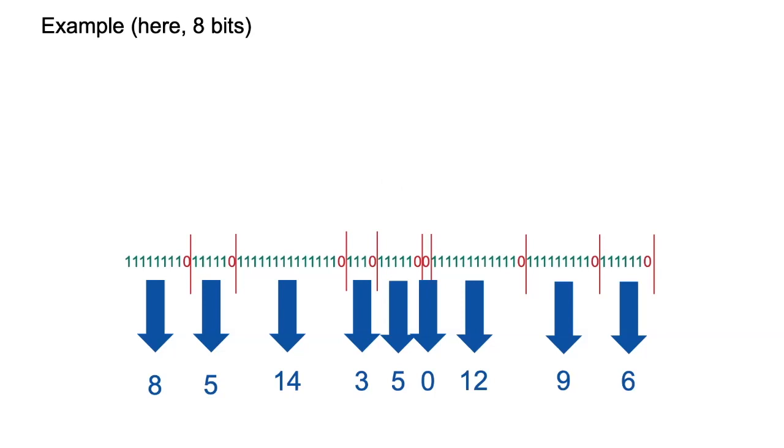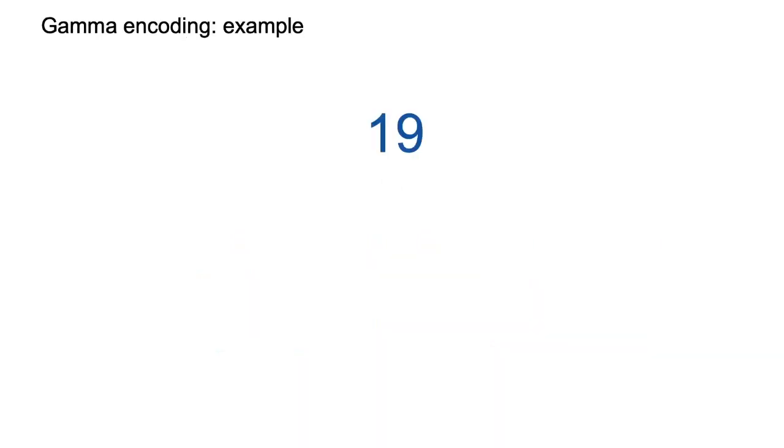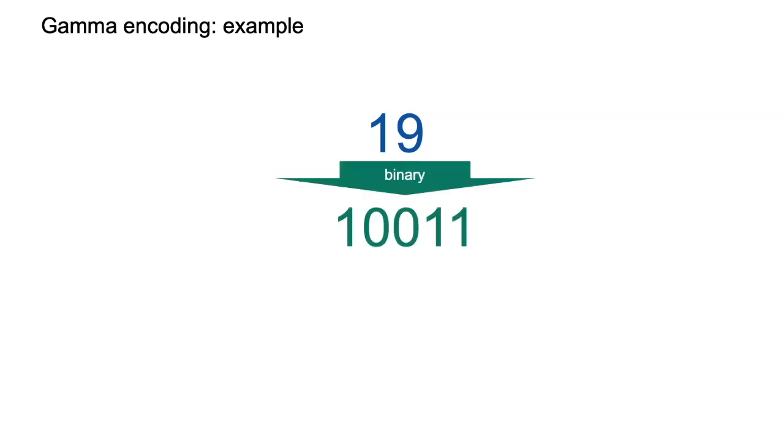Okay, so now that we have this, let's look at the gamma encoding. I'm going to take the example of 19. Let's encode 19. You probably have the automatic thought of, okay, let's write it in base 2. So here it is in base 2: 1, 0, 0, 1, 1, which is 16 plus 2 plus 1. Now that we have it in base 2, I'm going to observe that, except for 0, if I write the base 2 representation of a number, it's going to start with a 1.